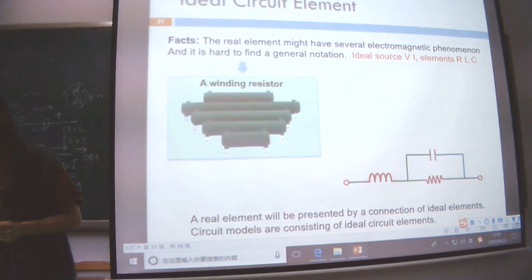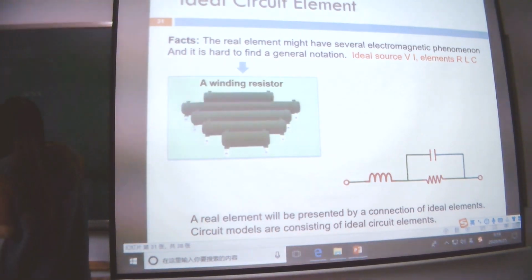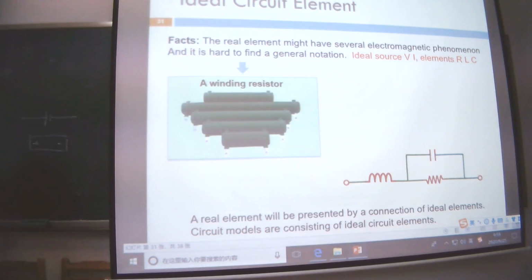So, in our life, for example, this one is the battery, right? So, this one is the practical element. But what is it in our circuit analysis? We know it must have a voltage source inside, right?